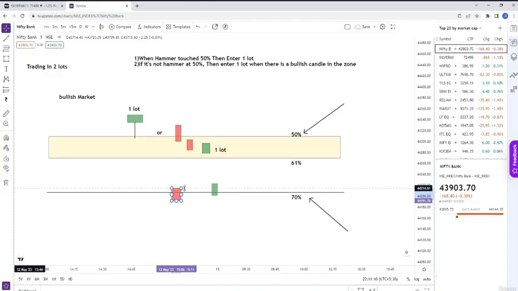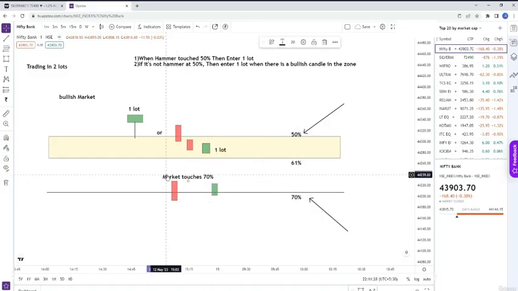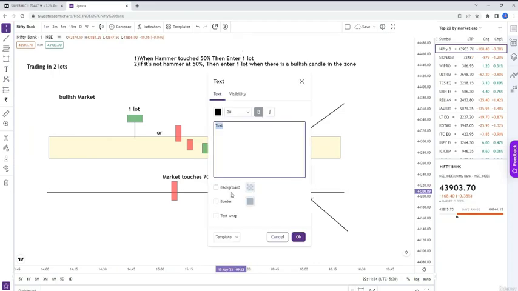I don't care. As soon as the market touches 70%, with a bearish candle or a bullish candle, as soon as the market hits this level, I don't care about the candle here, I enter one lot, meaning my remaining 50% here.